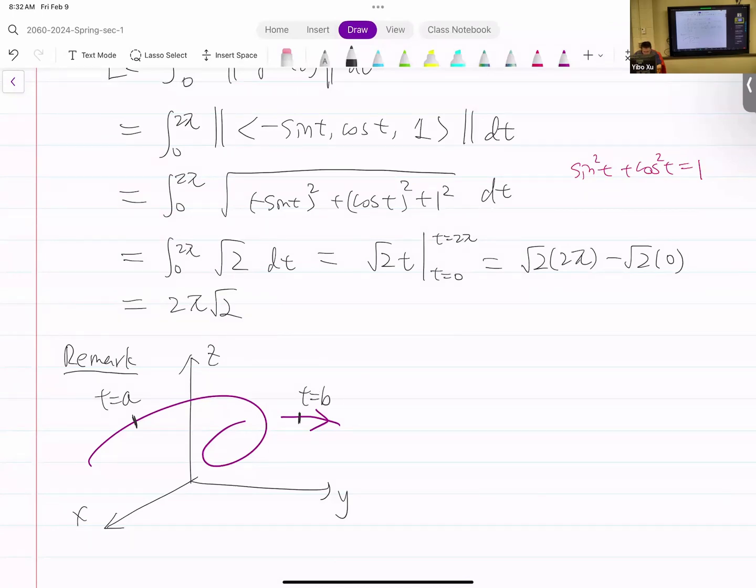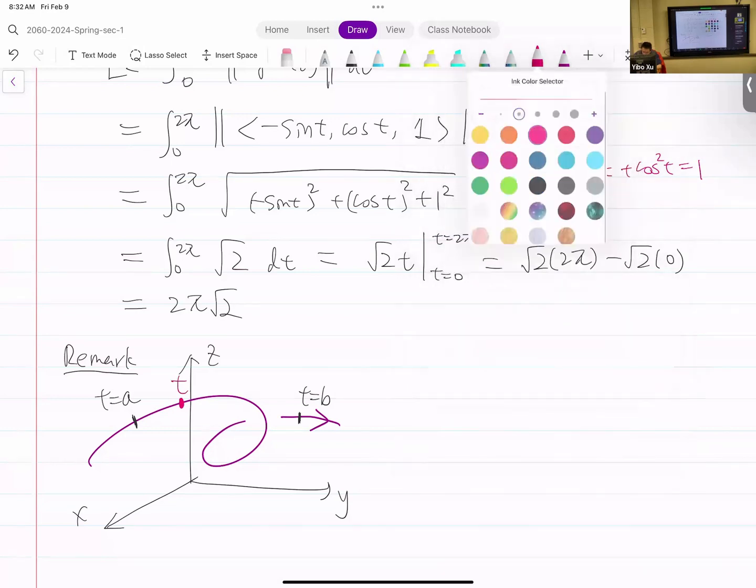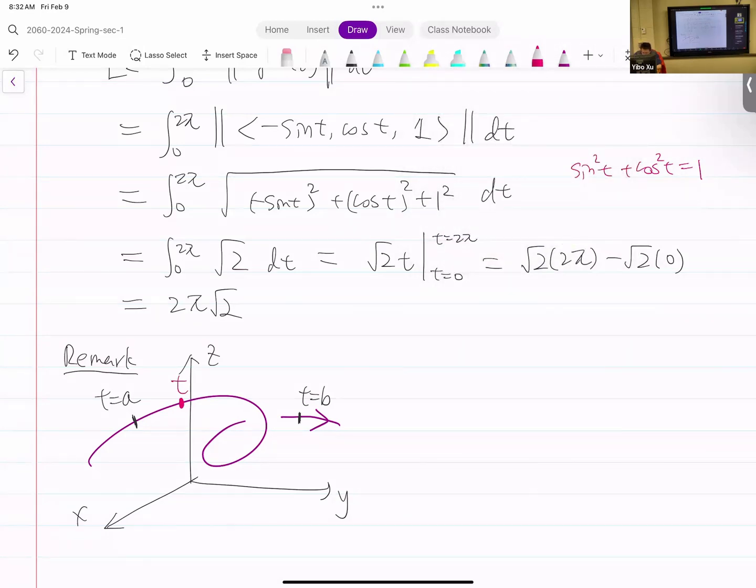But now let's say for whatever time point t, we can use that t as the endpoint as a parameter, and then we can calculate the arc length for whatever endpoint. Okay? So it doesn't have to be t equal to b. Right? It could be something in between.